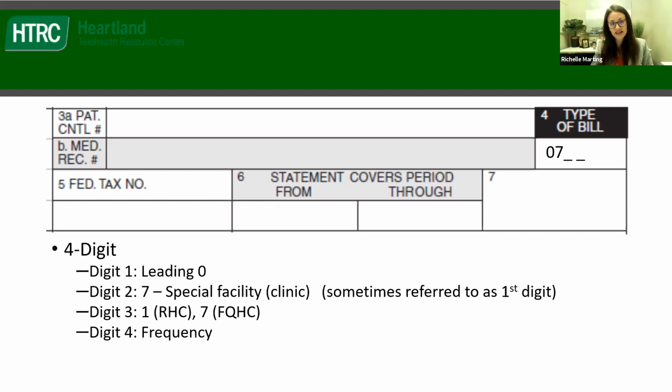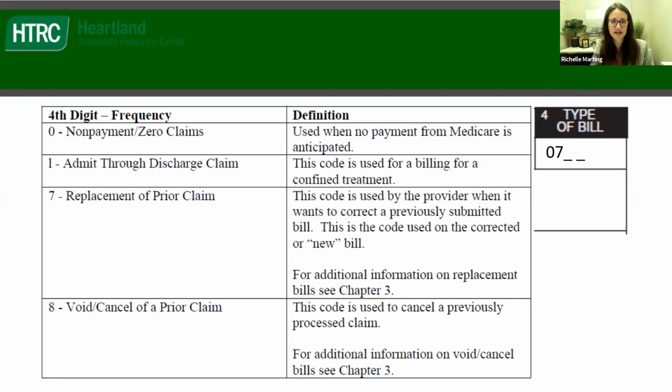For RHCs and FQHCs, that second digit, or first digit depending on which manual you're looking at, is a 7, followed by either a 1 or a 7, depending on whether you're an RHC or an FQHC. The last digit typically is going to be a 1. It establishes the frequency of the bill, like if this is the first bill, and that's typically going to be the case for RHCs and FQHCs.